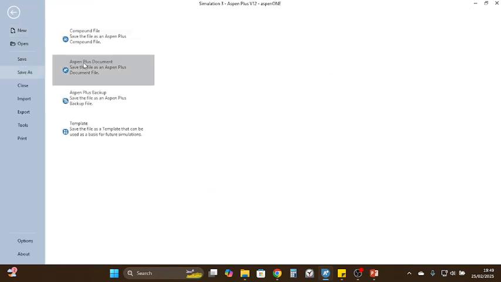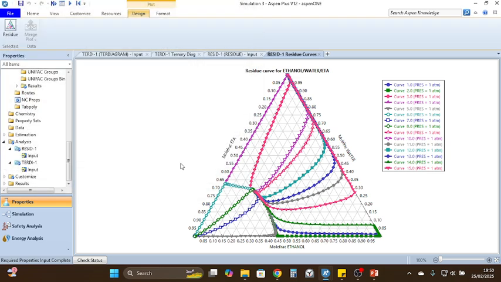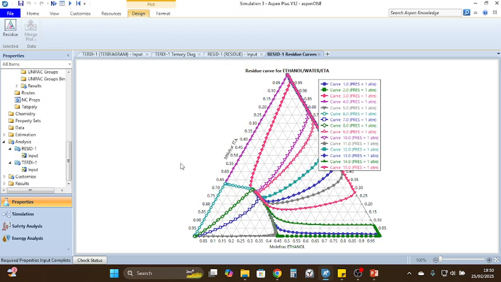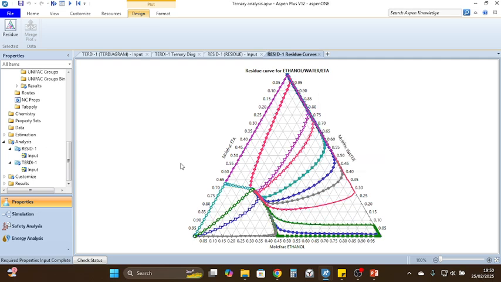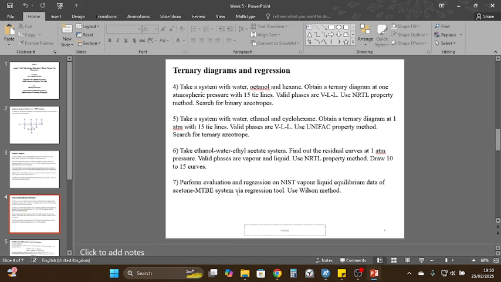Is there any doubt? Fine. The last one is on regression.